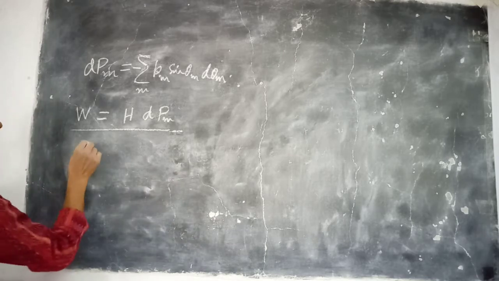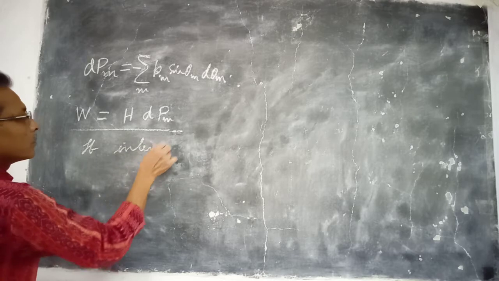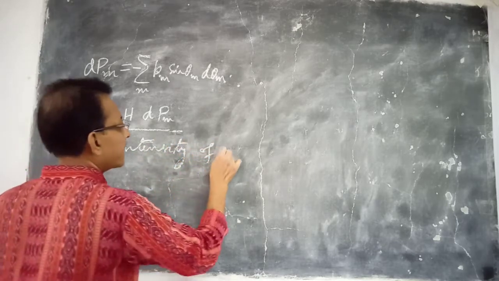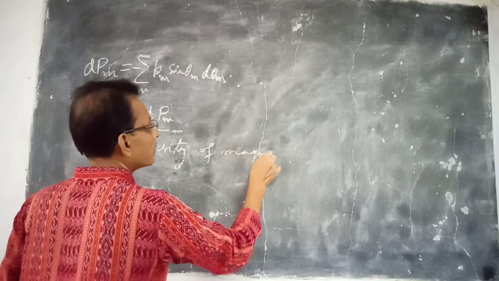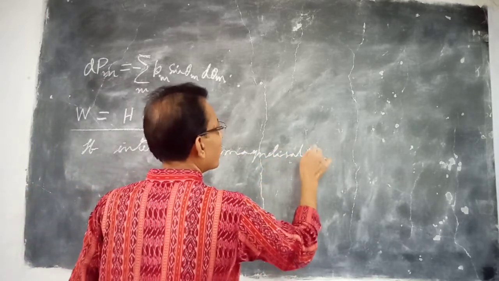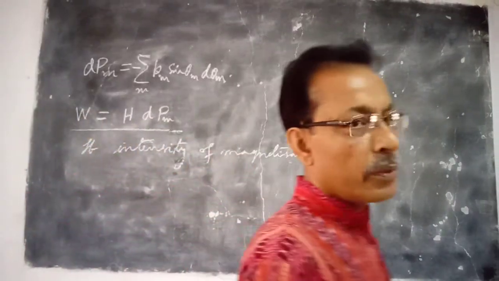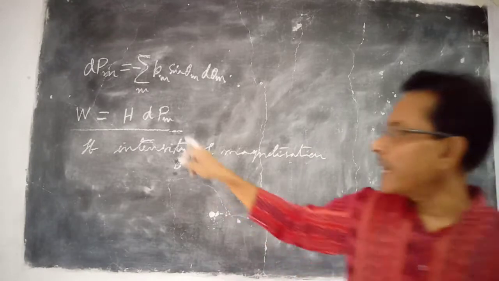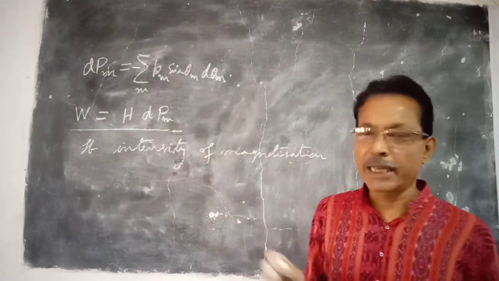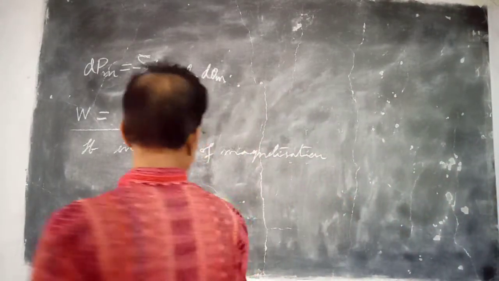Here PM is for a specimen of volume unity in which this intensity of magnetization is induced, so that is called the magnetic moment, or the intensity of magnetization.